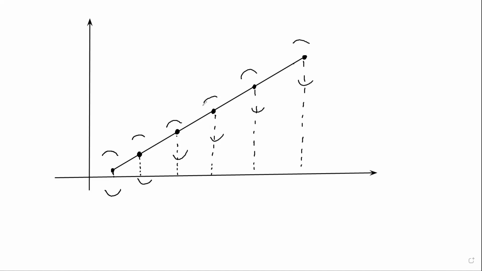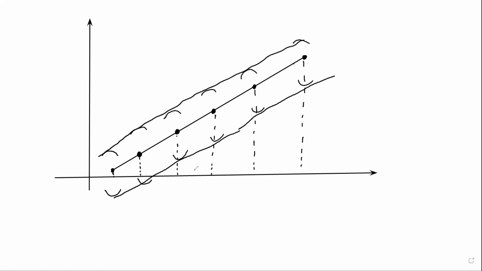Just make sure you have the same gap. So basically, the confidence band is this one. You join all these upper limits and lower limits. So this is your confidence band for the entire regression line.